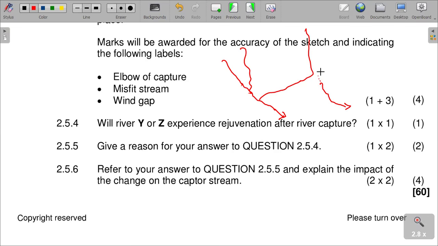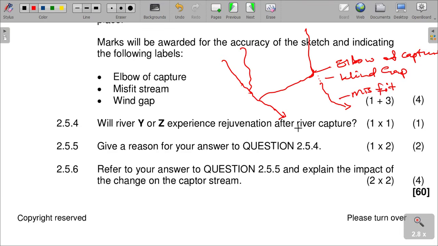So we can say this one is the elbow of capture, and then I can say the wind gap. I can say this one is the misfit there.